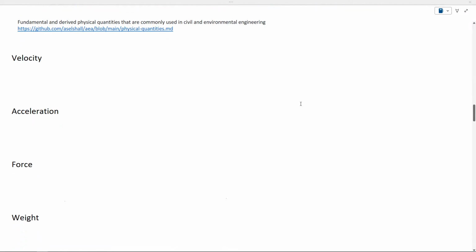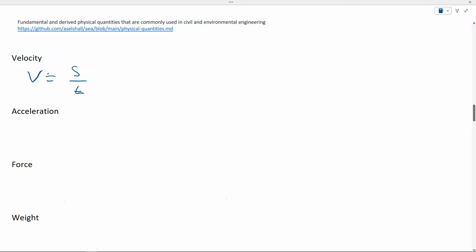So let's look at the velocity, for example. What is velocity? Velocity would be distance over time.